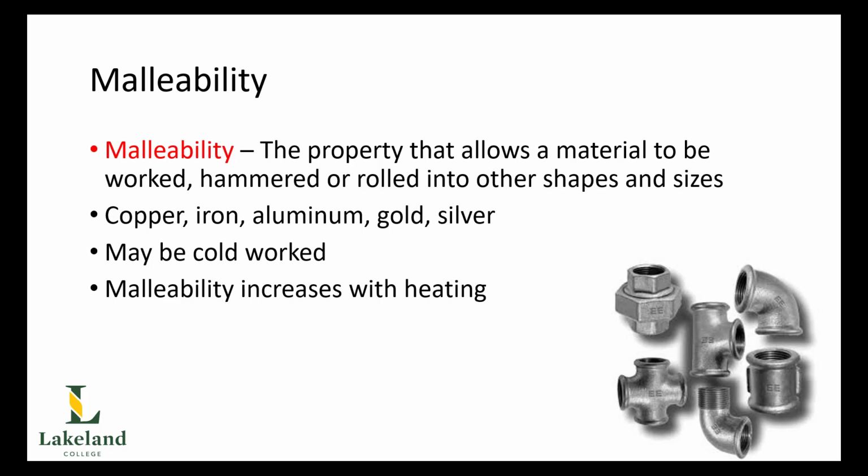So imagine a blacksmith taking a piece of metal out of a hot forge and they bang and bang on it with their hammer until it's in the shape that they want and it's also very much thinner. If a material is able to do that fairly easily, then it is malleable. So we're talking soft metals are the best ones for malleability, like copper, iron, aluminum, gold, silver, etc. All of those are pretty soft when we start working them.